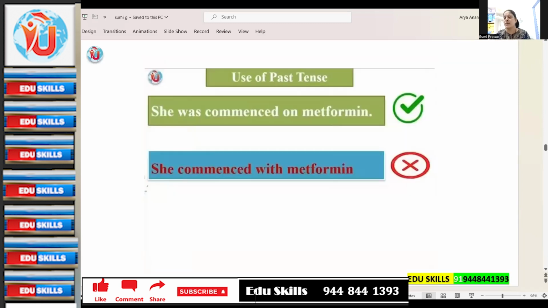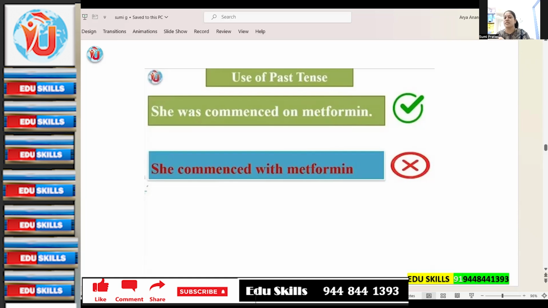We can see down there are some examples we have given. She was commenced on metformin. Always, was is the passive voice. And in commenced on, on is the preposition to the commenced. We cannot write commenced with, it's wrong.